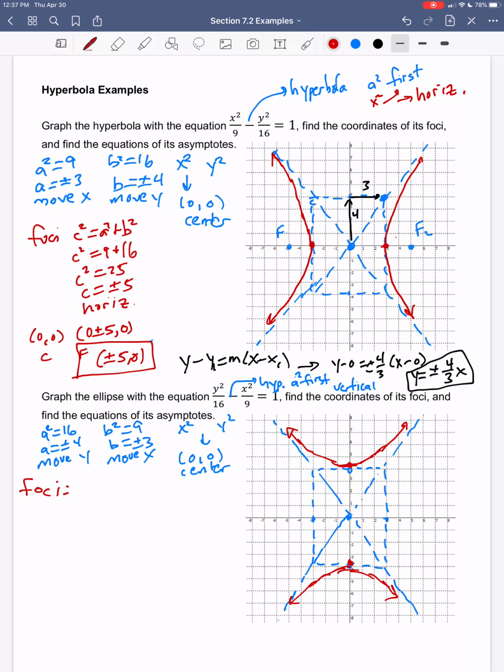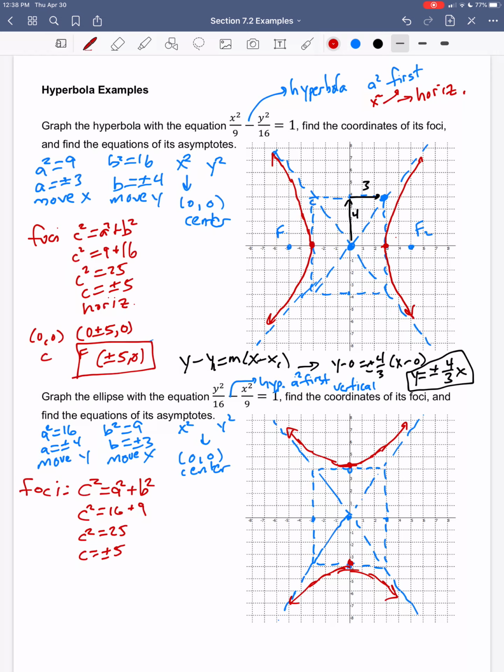The c then has to be bigger than a. So if I start with c squared and a squared, well, they can't be equal. C is bigger, so I have to add something to a squared to make it equal to c squared. And so what we get here then, a squared is 16, b squared is 9, so I still get c squared is 25. So c is plus or minus 5.